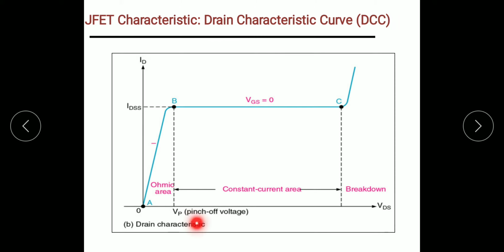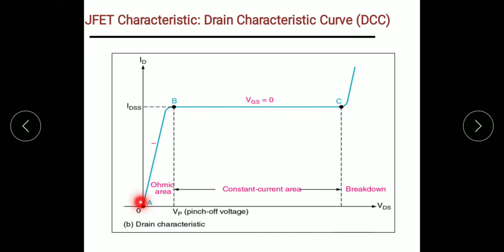In the drain characteristic, when VDS, means drain to source voltage, is increased on x-axis, the drain current increases linearly initially and then it becomes almost constant in this region, and if we further increase VDS, breakdown occurs and a very high current flows through the junction, and so this is avoided.